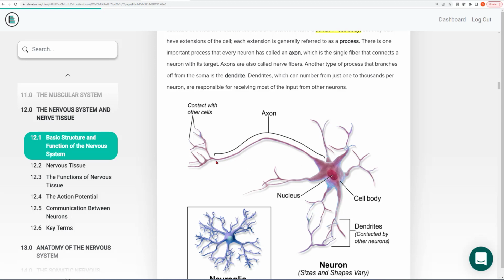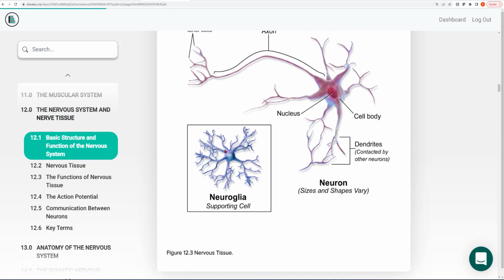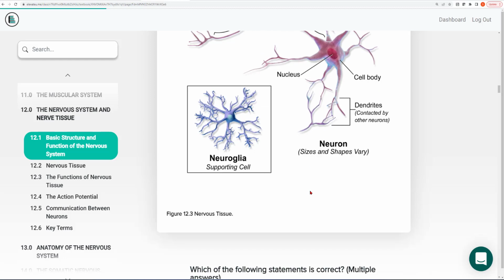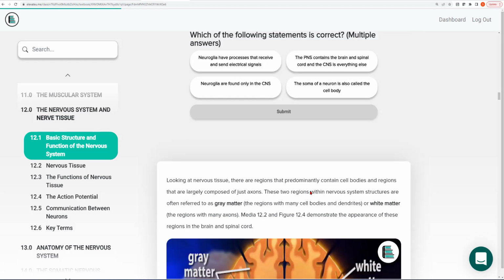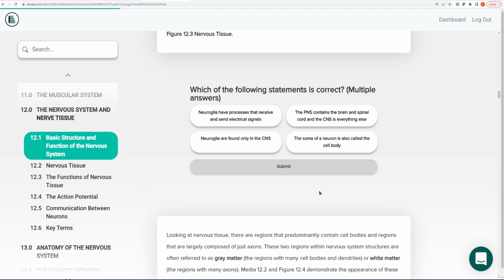So we'll look at these pieces and parts of the neuron. We'll learn more about neurons as we go, and we're going to see that neurons come in many different shapes and sizes as well. Just a reminder, make sure that for the sections that I do go through, you are answering these questions.